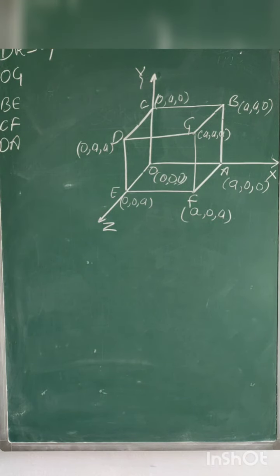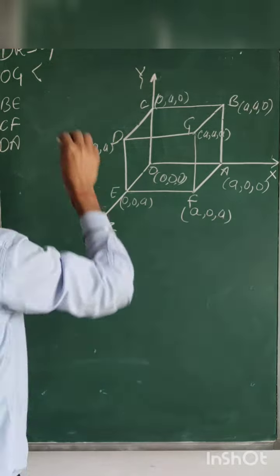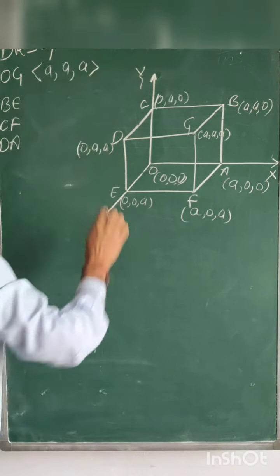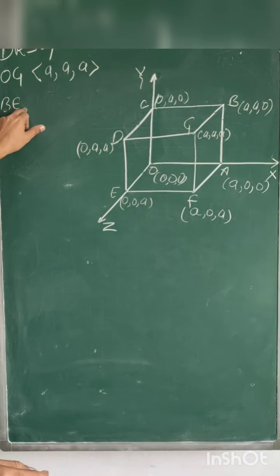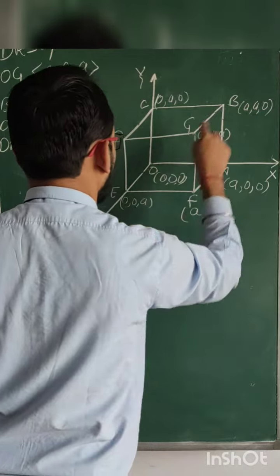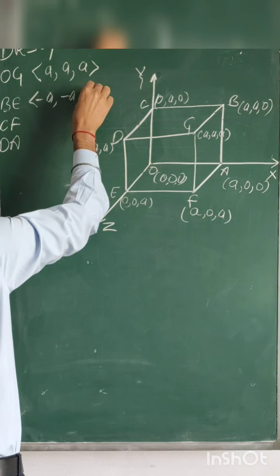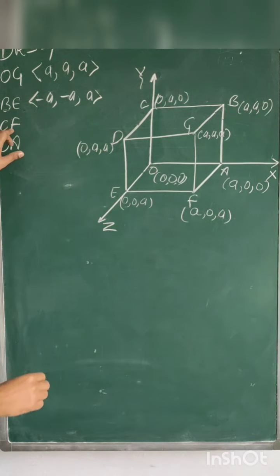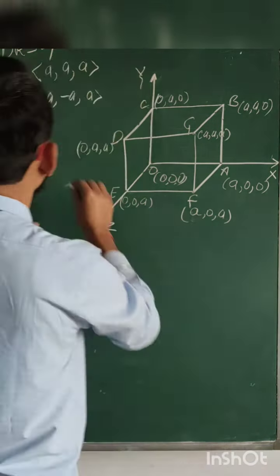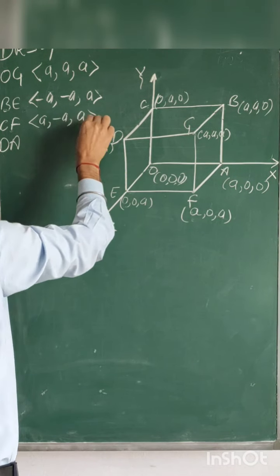Now the DRs of these diagonals. The first diagonal OG means G minus O, that is a, a, a. Now the diagonal BE will be minus a, minus a, a. CF will be a, minus a, a.